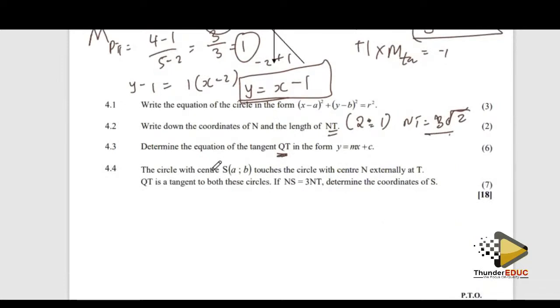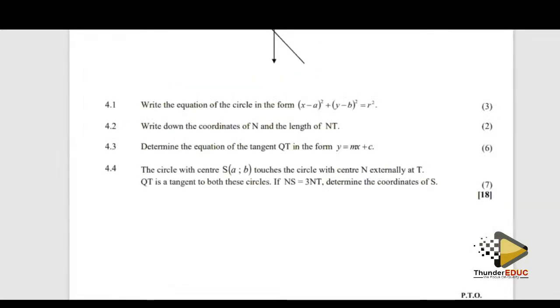Then 4.4, they are telling us that a circle with S, that is AB, touches the circle with N externally at point T. Just to refresh this, let me clear.